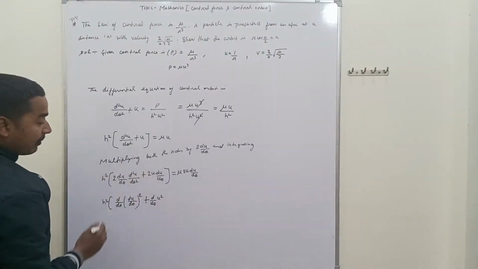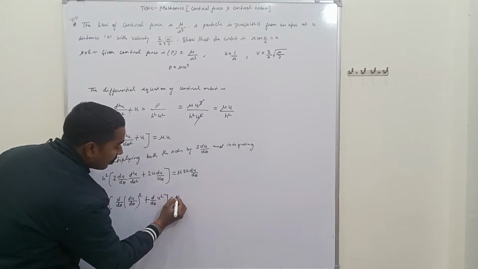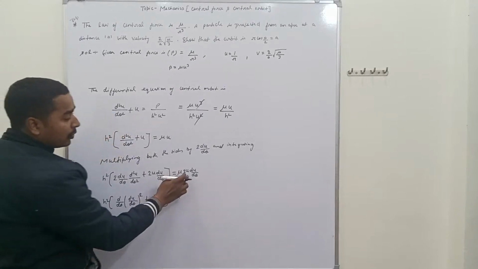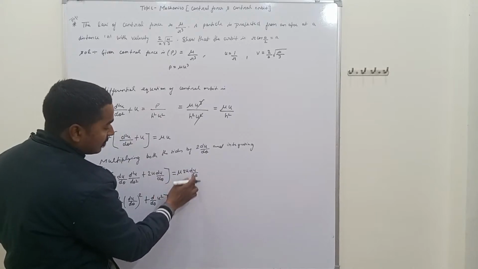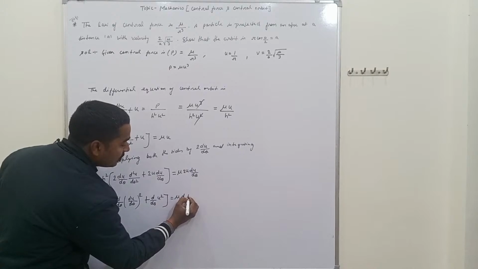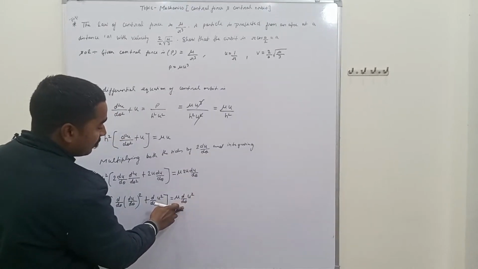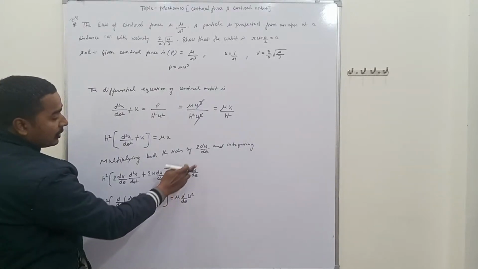We get the above result equal to mu into d by d theta of u square.